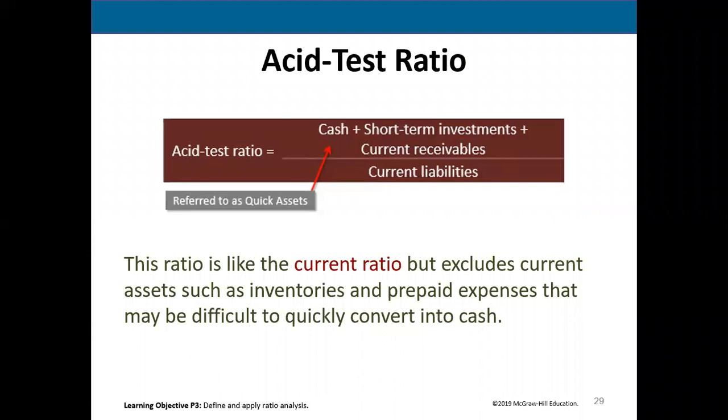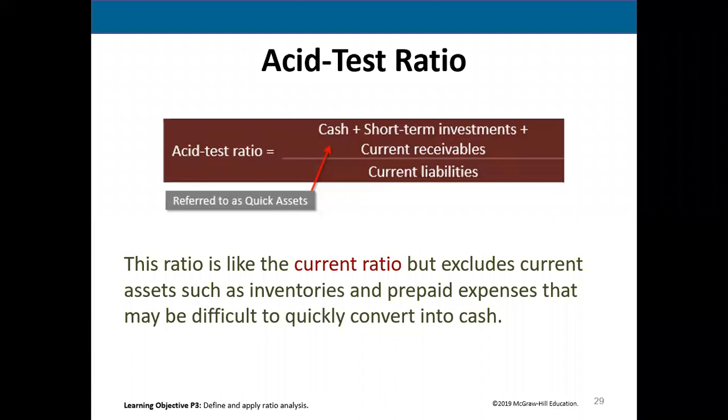Now, if you're going, oh my gosh, that's awful, they don't even have a dollar. Well, the standard is you would like to have a dollar of liquid assets, but it may not be normal for the industry. If you look out to the right, there's a little red. It says the industry is 90 cents.